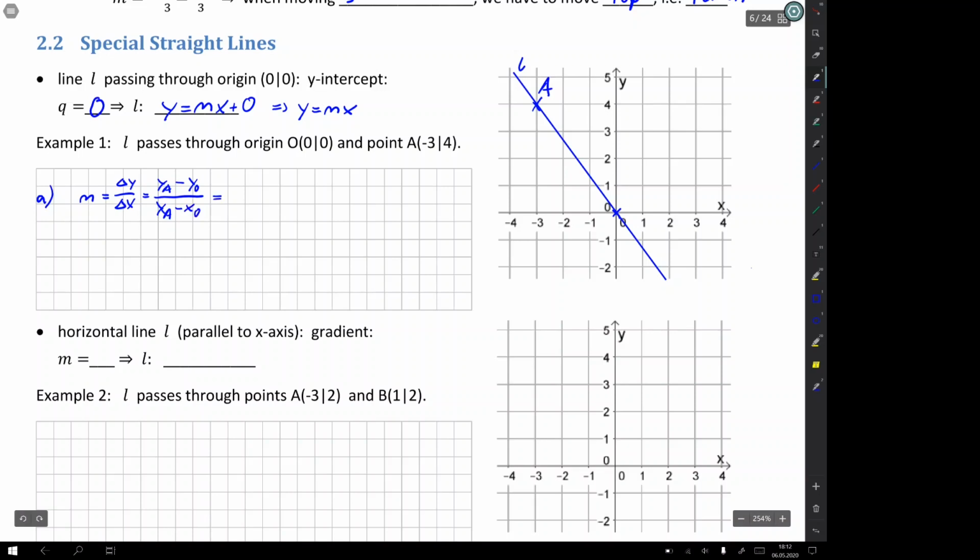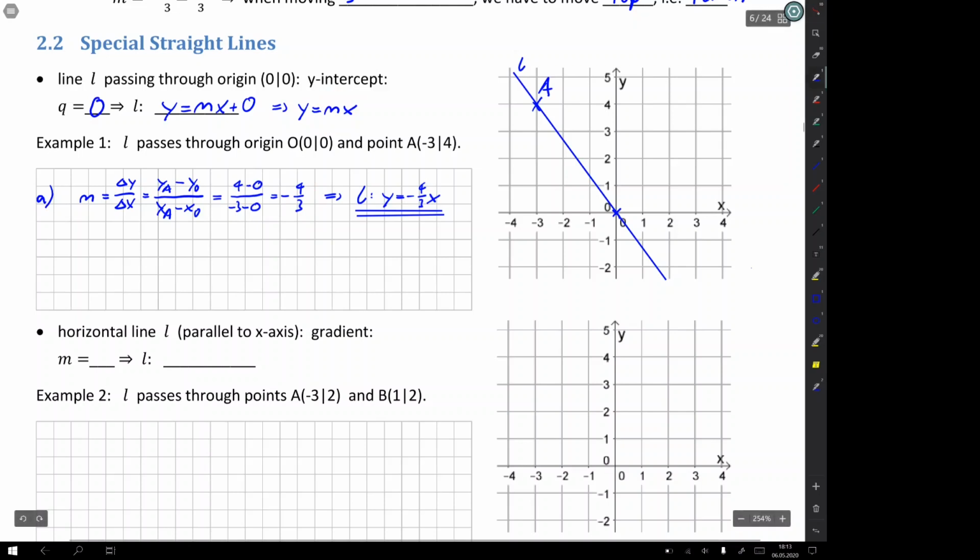Well, ya is 4, and the origin has always coordinate 0, so I get -3 minus 0 in the denominator, and we get in the end -4/3 for the m, and so we get for the line y equals -4/3 times x by inserting this m into this equation.